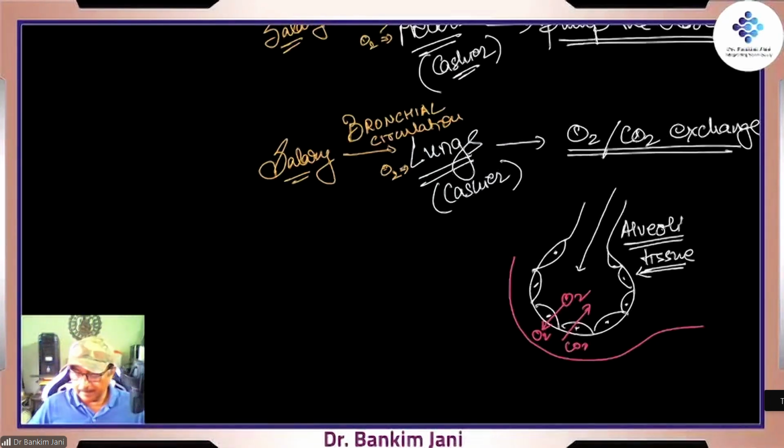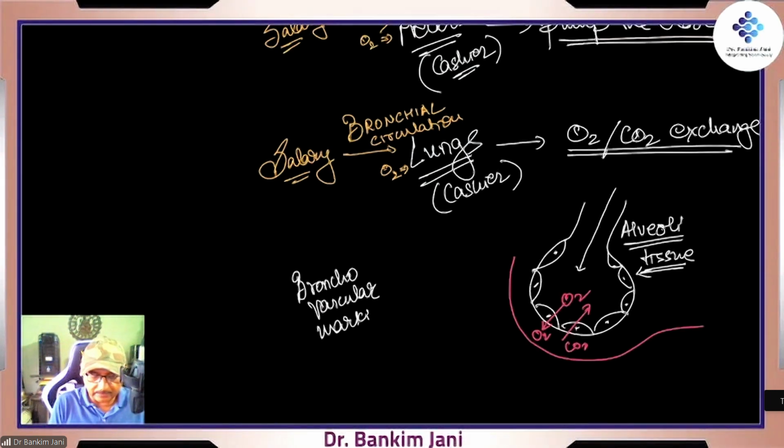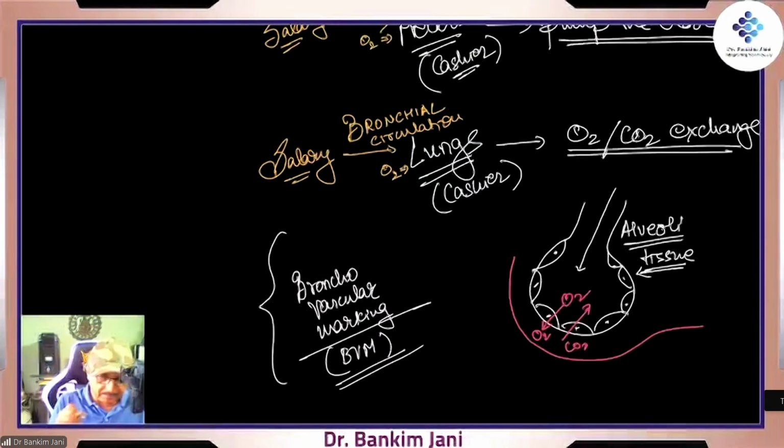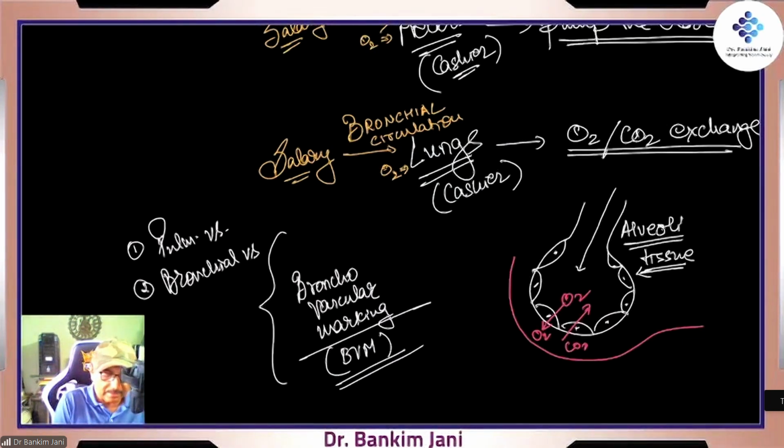So when we say broncho-vascular markings in X-rays, we call it BVM. What do they comprise? They comprise pulmonary vessels, bronchial vessels, and bronchioles.